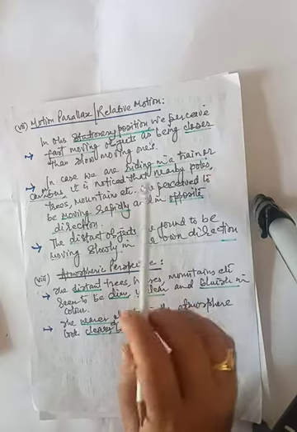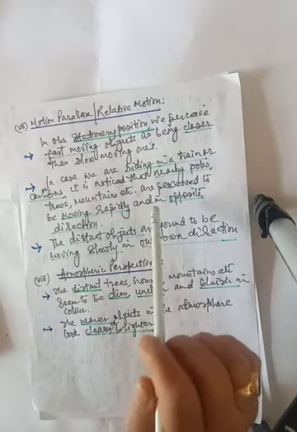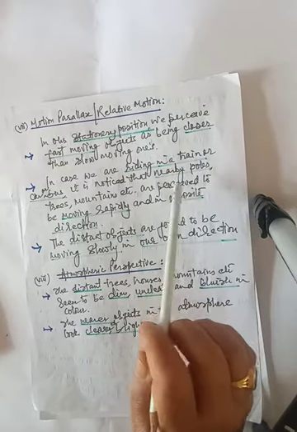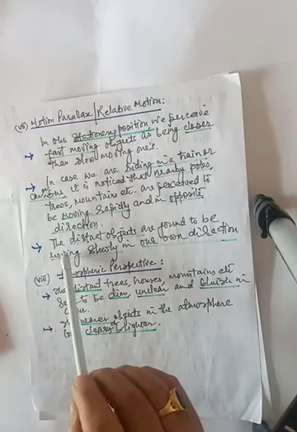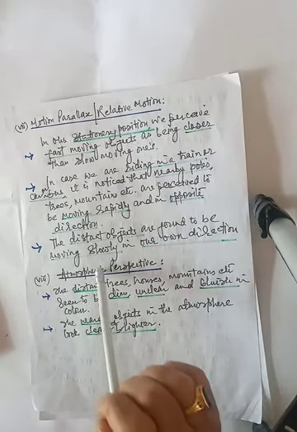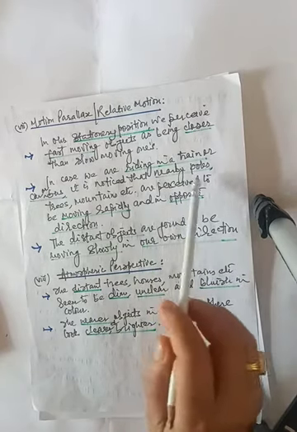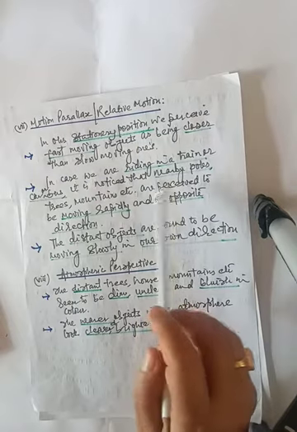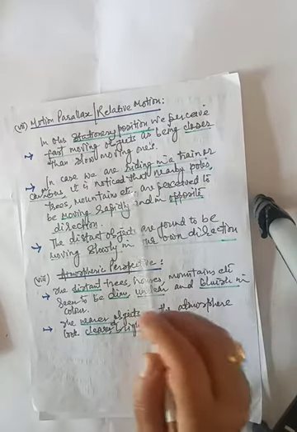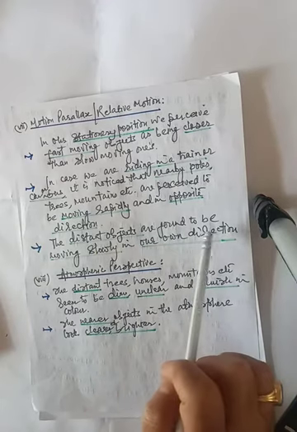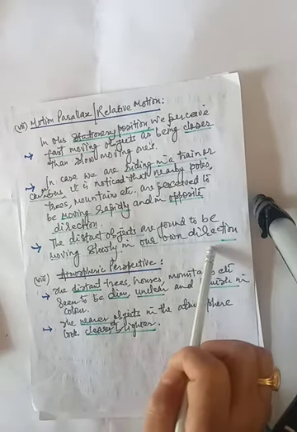This is when we ourselves are sitting in a moving vehicle. The distant objects are found to be moving slowly in our own direction. So the nearby objects are seen to be moving very fast and in opposite direction, and the distant objects are found to be moving slowly in our own direction.